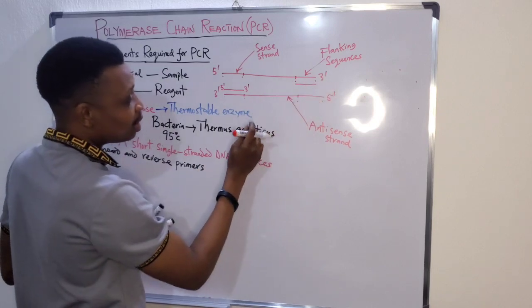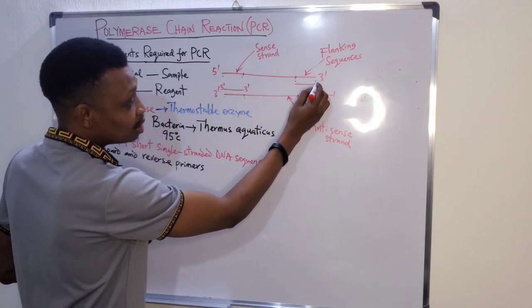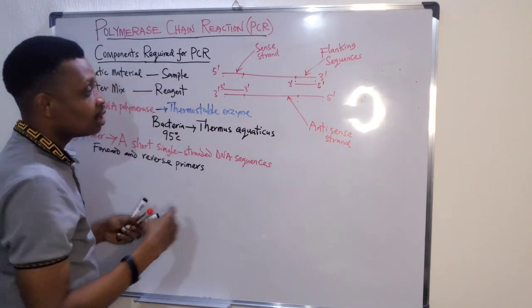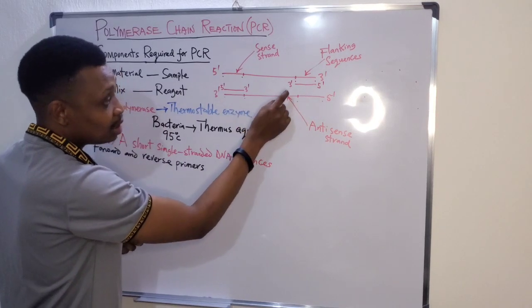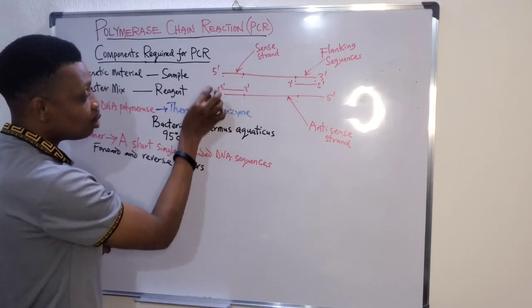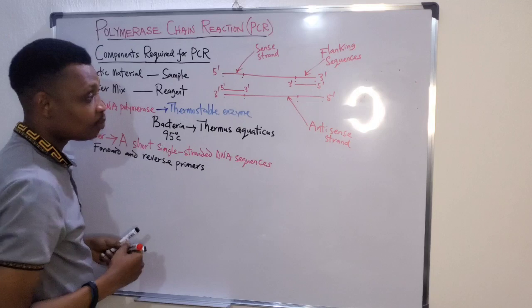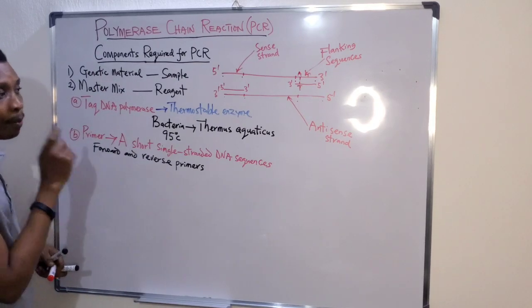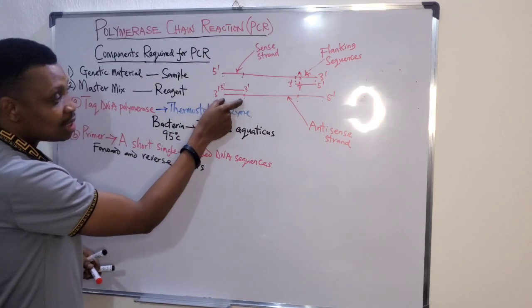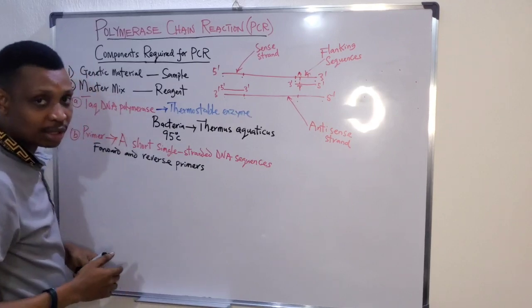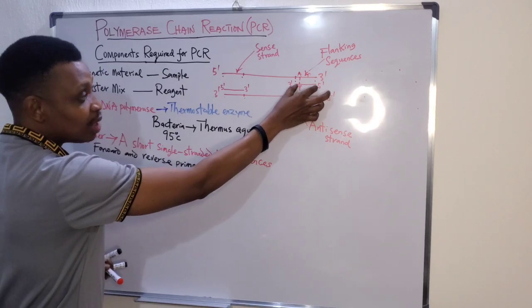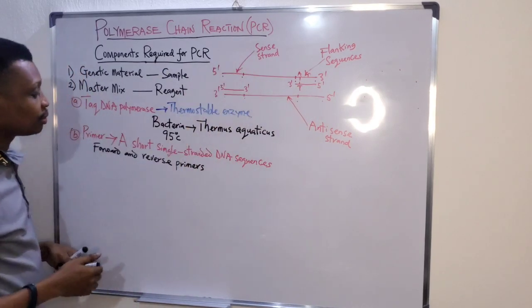And because this is 3 prime here to 5 prime, this reverse primer, this end will be 5 prime to 3 prime, because these primers must be complementary with the sequences here, and these primers must be complementary with the sequences here. The forward primers bind to the flanking sequences of the anti-sense strand, while the reverse primers bind to the flanking sequences of the sense strand.